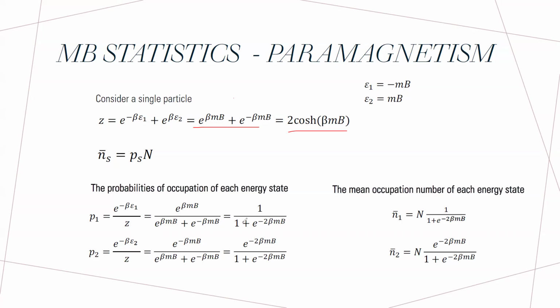So by simplifying this, we are getting these expressions for P1 and P2, and then if we multiply them by the total number of particles, we are getting the mean number of particles at each energy state. Those are N1 bar and N2 bar.